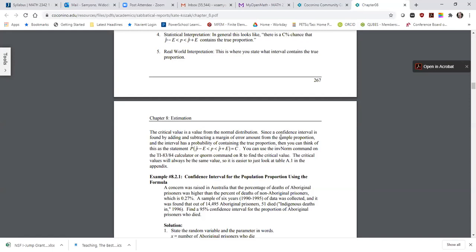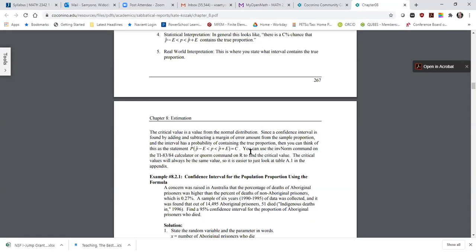Since the confidence interval is formed by adding and subtracting the margin of error amount from the sample proportion, and the interval has a probability of containing the true proportion, then you can think of this statement as equal to this.